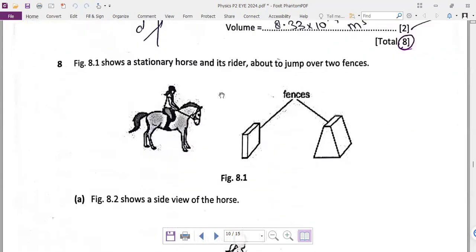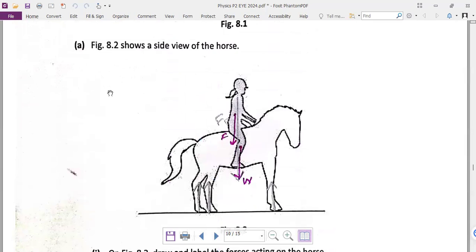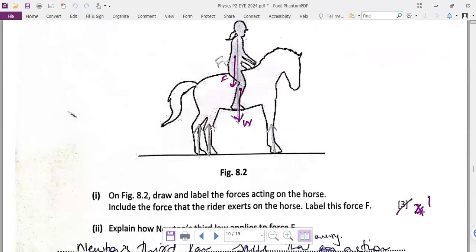Question number 8, the horse, the two fences. Very good question. It is asking to draw and label the forces acting on the horse. So the weight of the horse acting downward as W. The student lost marks here. The weight of the man acting downward, this one.